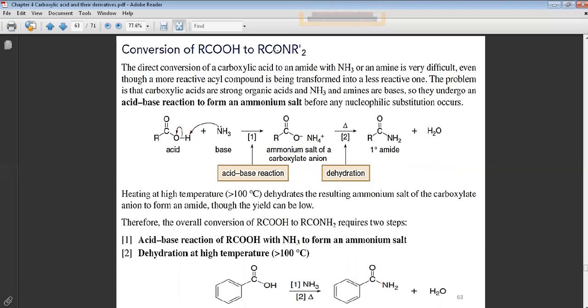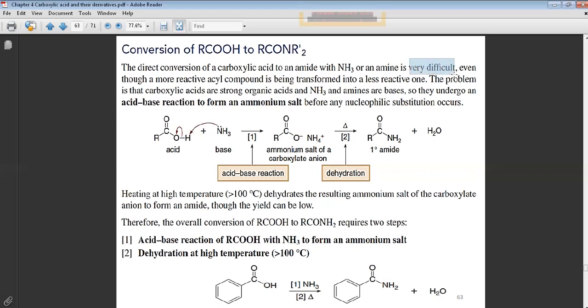Why? That means it cannot be done. Because an acid-base reaction will happen. Because NH3 is a strong base and carboxylic acid is a strong acid. That means the acid-base reaction will happen. The ammonia, NH3, will react with the proton, not react here with the carbonyl. It is very difficult.